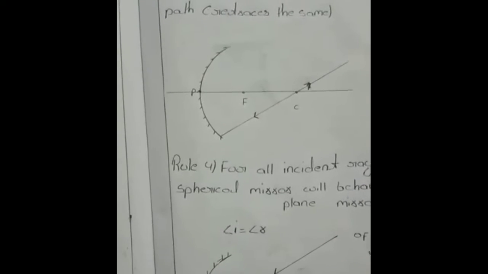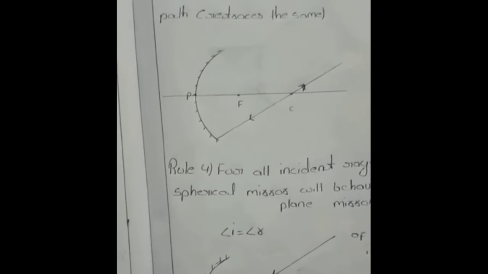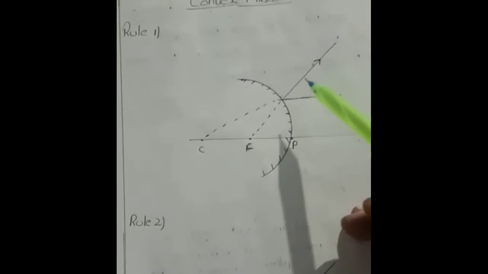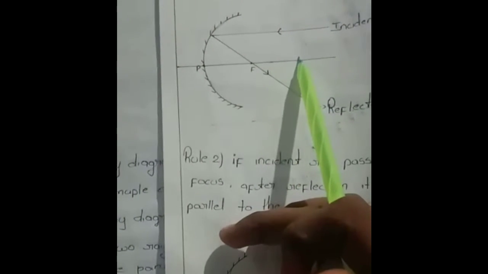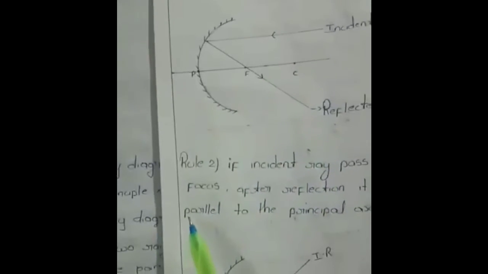Next, we have to discuss convex mirror ray diagrams. See friends, the convex mirror ray diagram has the same form and the same rules, but here the outer surface is the reflecting surface, whereas in the concave mirror the inner surface is the reflecting surface. That is different, friends.